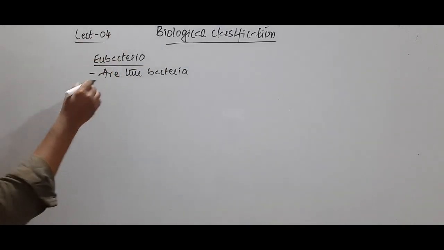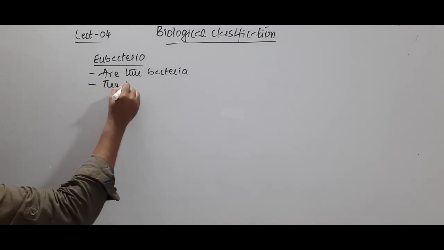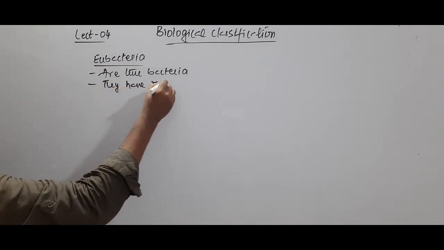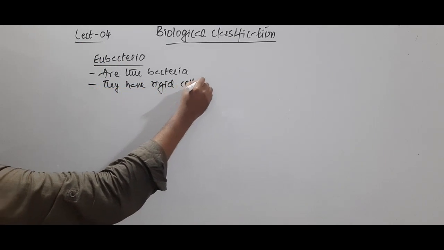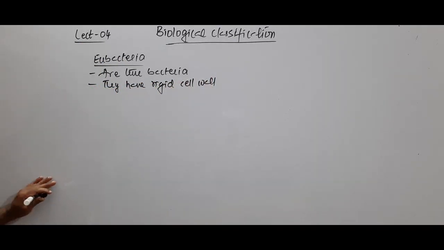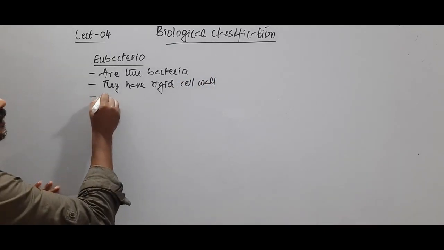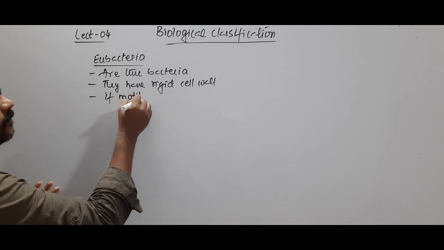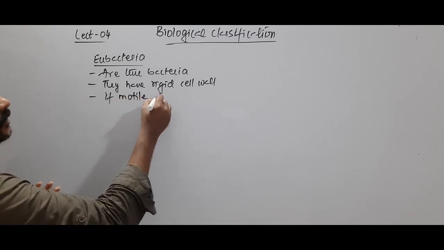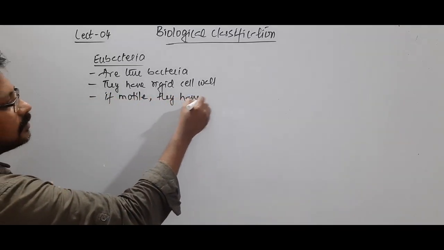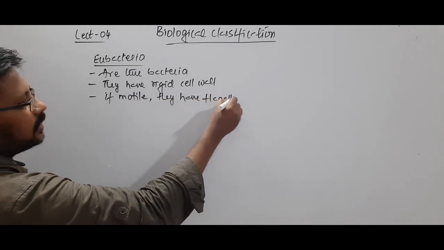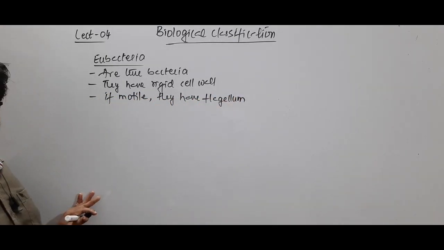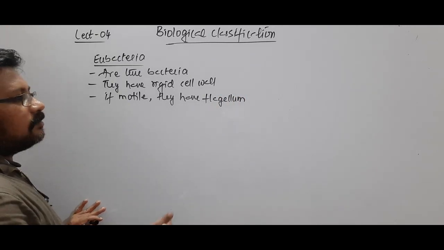That is, they have a rigid cell wall, and if they are motile, they will have flagellum. Motile means movable. Flagellum is a whip-like structure that helps in locomotion of the bacterium.